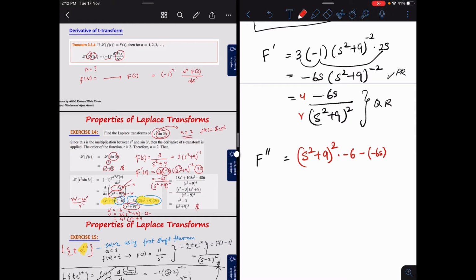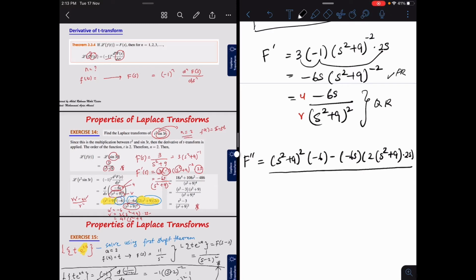Okay, so let me do it clearly. So we have f double prime over here, which is v, s squared plus 9 squared, u prime -6, minus u -6s, and then we have v prime 2 times s squared plus 9, and then we have 2s over here, and then the formula is over v squared. So v squared, we have 2 and then power of 2, now we have 4.